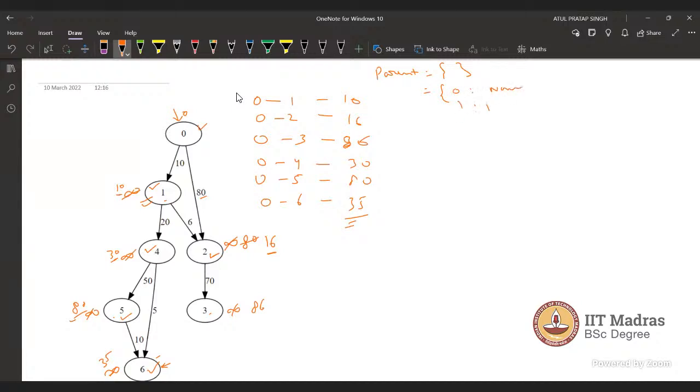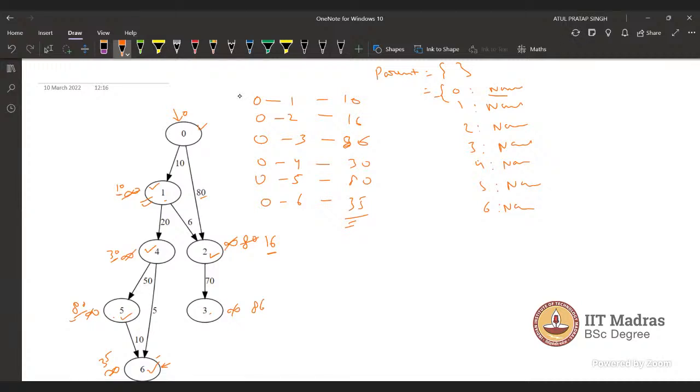1: none. 2: none. 3: none. 4: none. 5: none. Total 6 nodes, and 6: none. We are starting from 0, so its value remains none because there is no parent before.